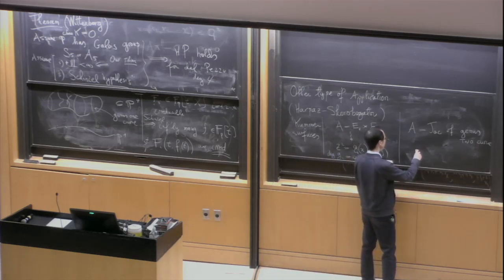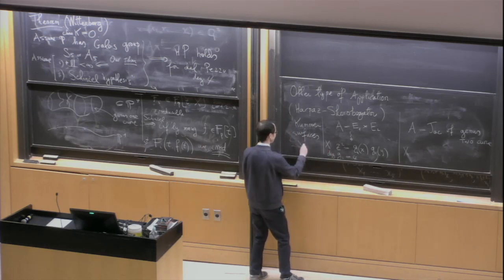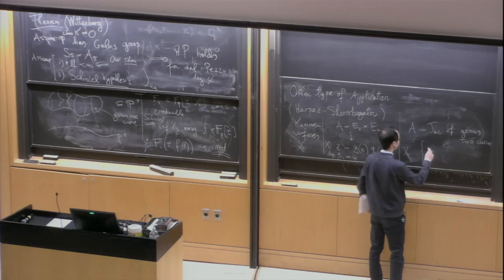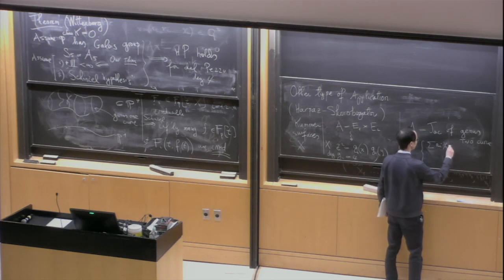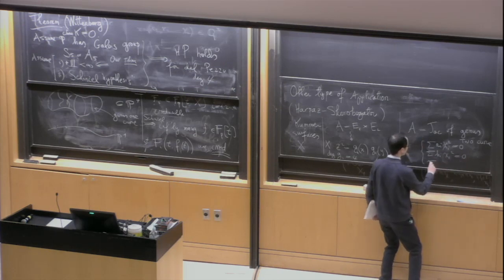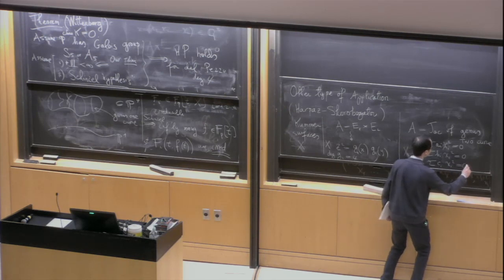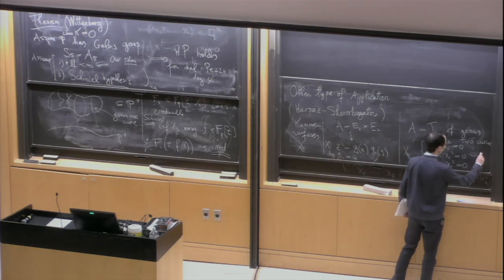But I can write down the equation in this case for the surface. So X in this case is defined by an intersection of 3 quadrics. So it looks like the sum of a_i x_i squared equals 0, the sum of b_i x_i squared equals 0, the sum of c_i x_i squared equals 0, inside P5.